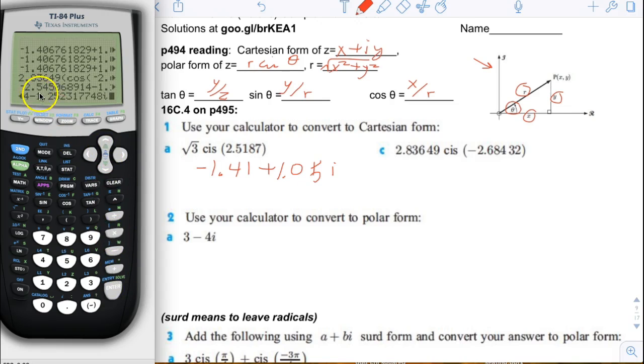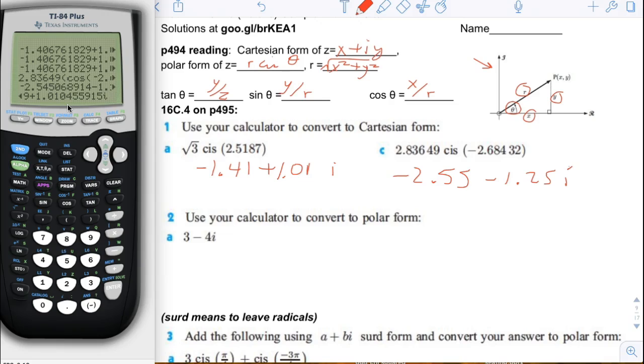So this will be negative 2.55 minus 1.25i. Actually, when I went back and checked the first number, it is 1.01, not 1.05. I was right the first time.